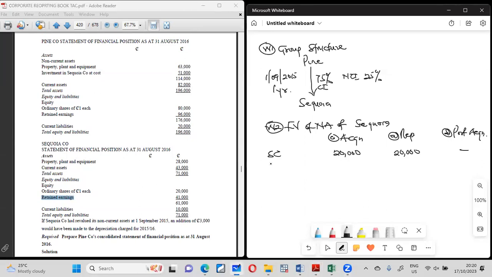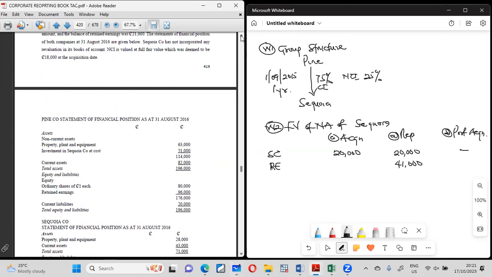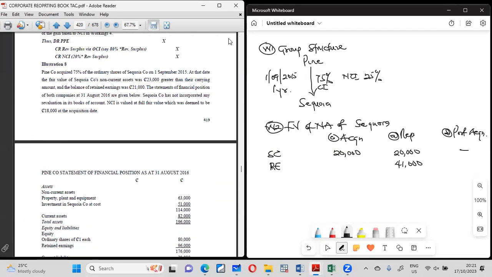So what did the question say about retained earnings? We know the retained earnings at the reporting date is 41,000. But what is the retained earnings at acquisition date?